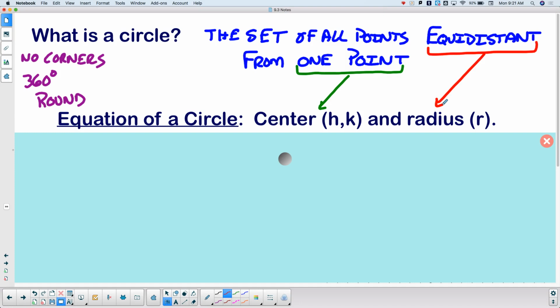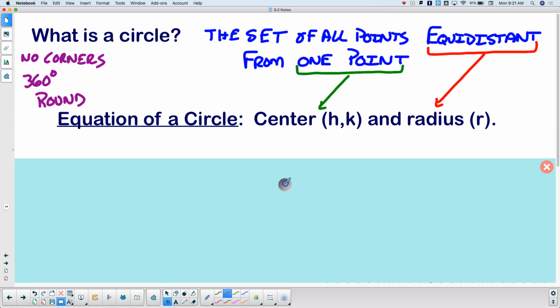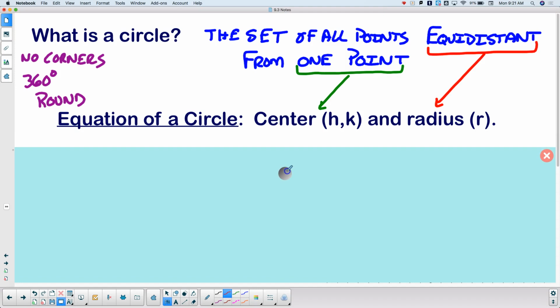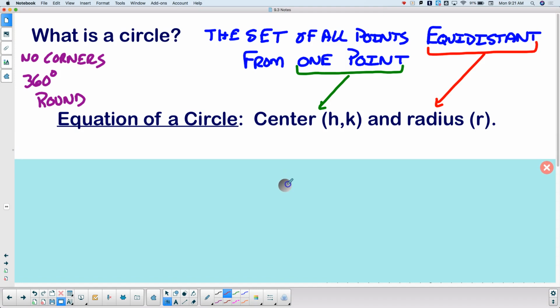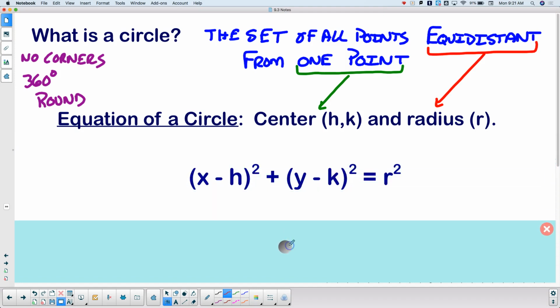So the equation of a circle, of all circles, centered at the point h comma k, and that has a radius r, is this. X minus h, quantity squared, plus y minus k, quantity squared, equals r squared.